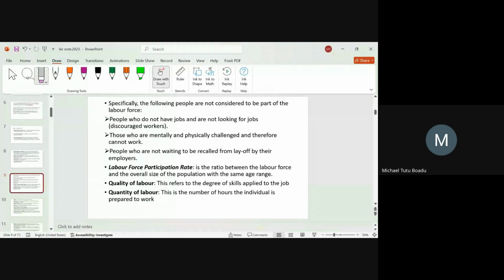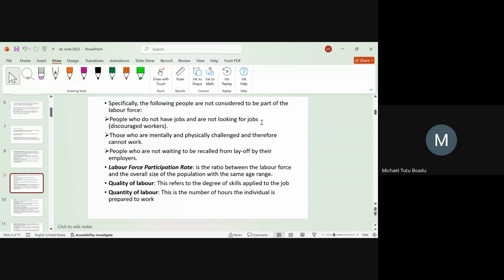So let's also be clear. It's not everyone that is considered to be part of the labor force. So let's look at the people who are not considered to be part of the labor force. People who do not have jobs and are not willing or are not looking for jobs are not part of the labor force.